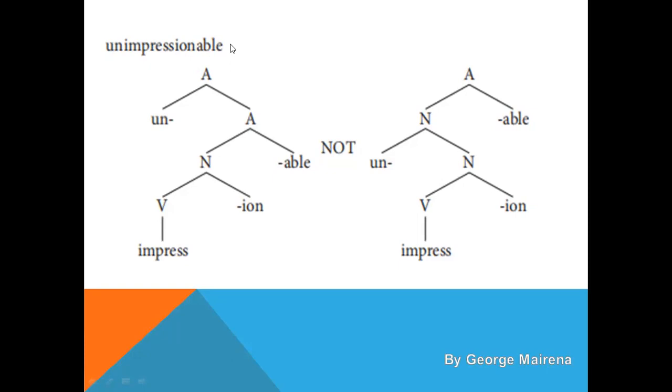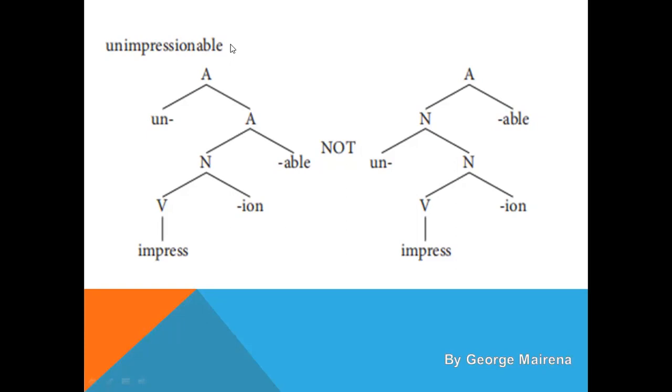So we're going to separate the derivational affix that expresses a negative meaning, and then we have an adjective also, right? Without that prefix, the word keeps the same category.